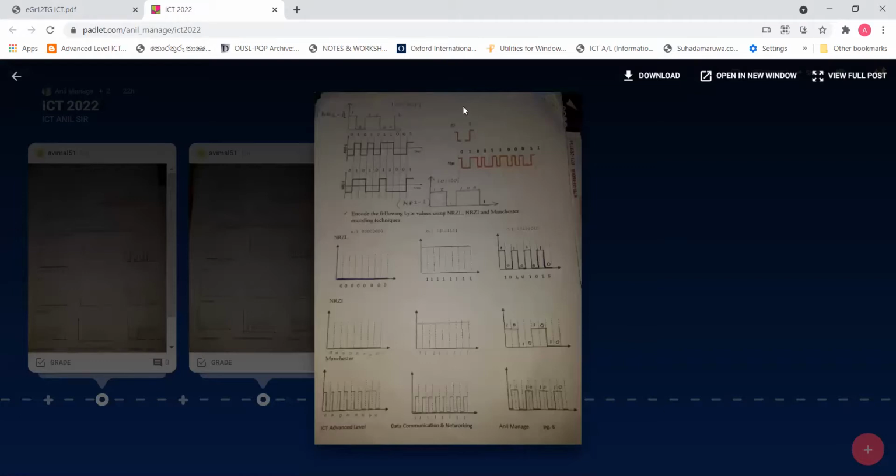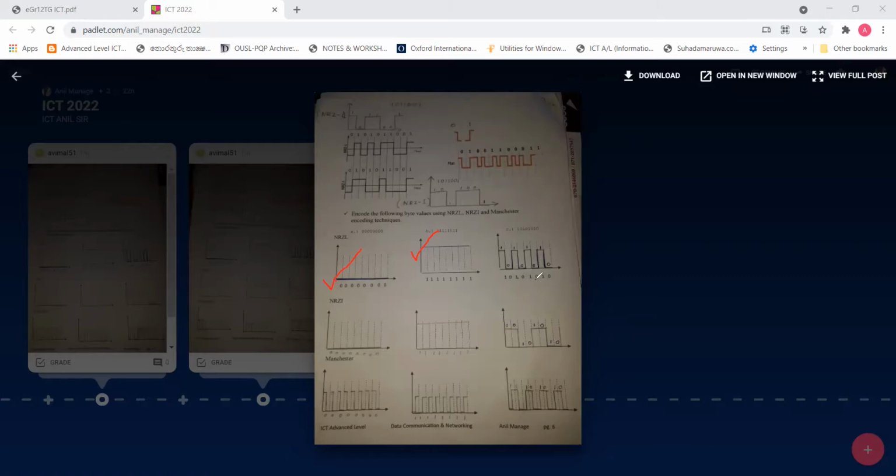So NRZ-L, when you are taking NRZ-L, zeros you can represent as zero, like the same line. Okay, this is correct. Ones you can represent with a little bit of line above the x-axis, also correct.